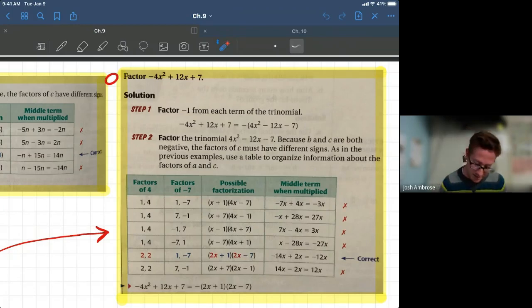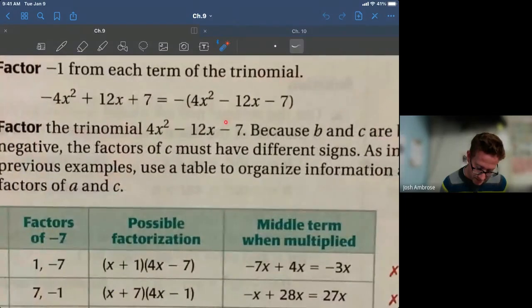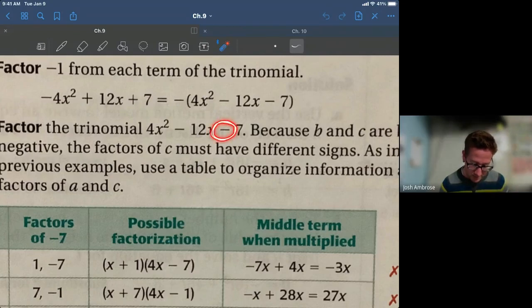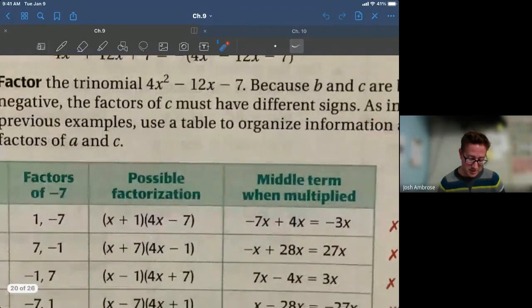The key thing is this sign right here, all right? Now, this is not written right here in the notes, but I'm going to verbalize it now, and I want you to write this in your notes. If the second sign, which is in front of the C value, is a negative, then your signs in the parentheses will be opposite.